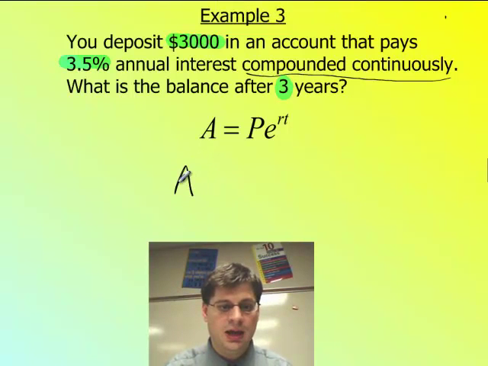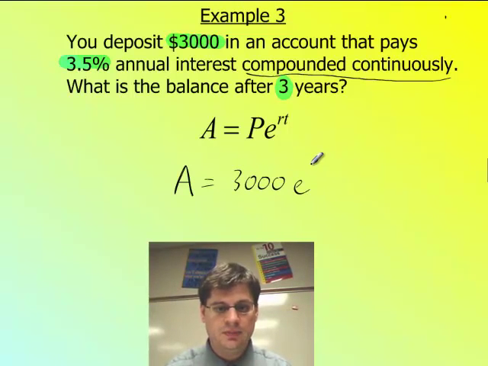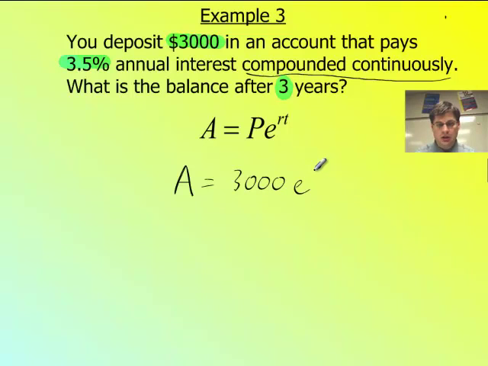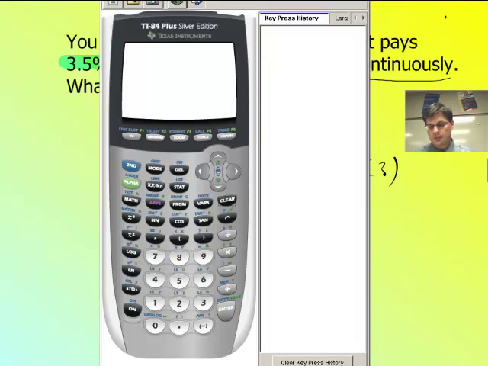So A is equal to 3,000 e, and then r, our rate as a decimal, is 0.035 times 3. Now we can just enter this into our calculator. So it'll be 3,000.